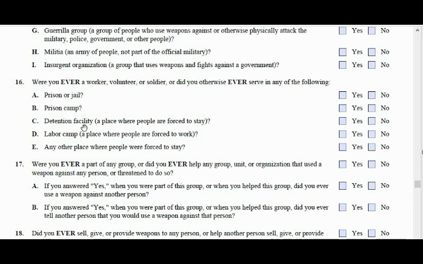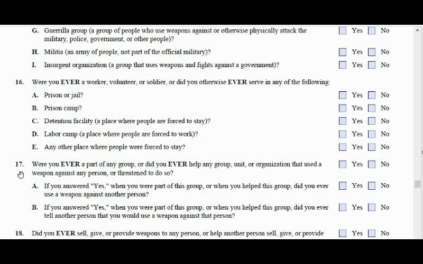A detention facility is a place where people are forced to stay. Okay, so that's what I call a detention facility. They put an explanation over here. A labor camp is a place where people are forced to work, and then any other place where people were forced to stay. If you ever worked or volunteered or were a soldier in that kind of place, then you're gonna check yes. If it's not, okay, you check no.